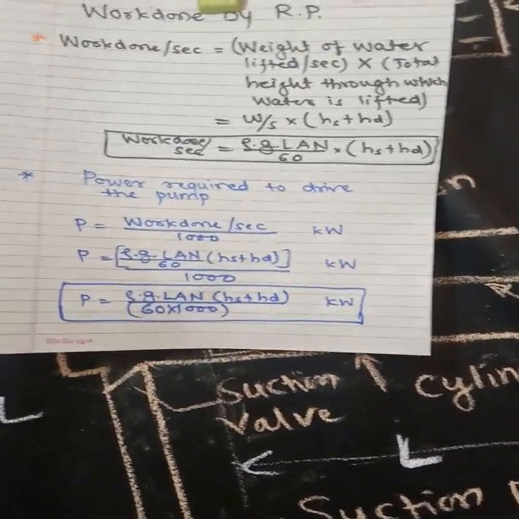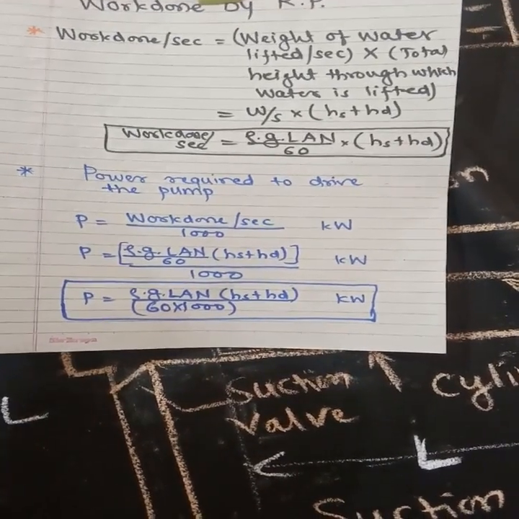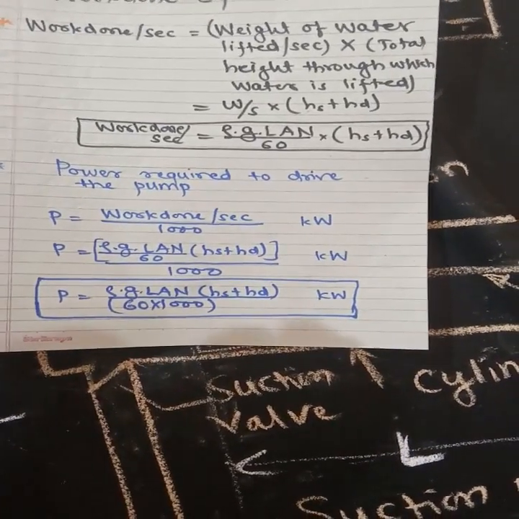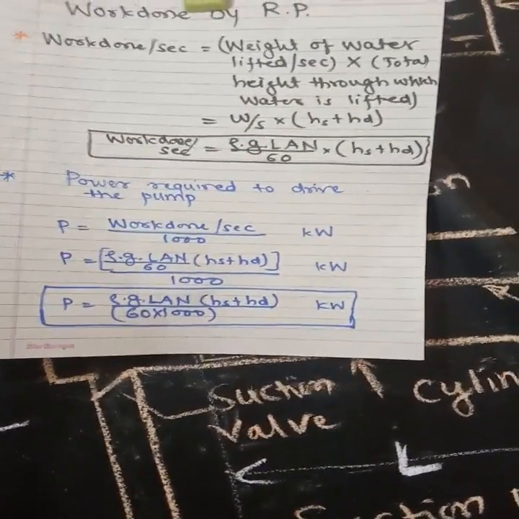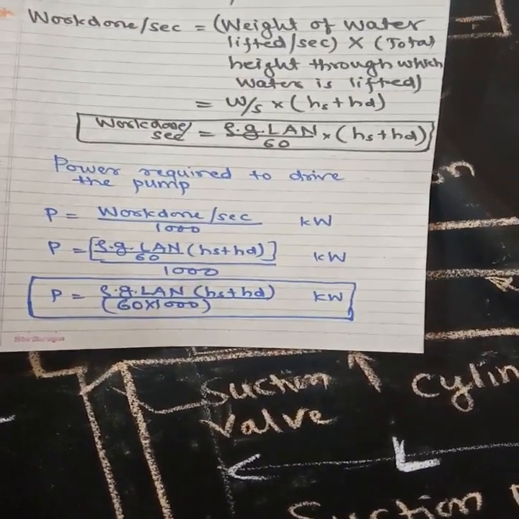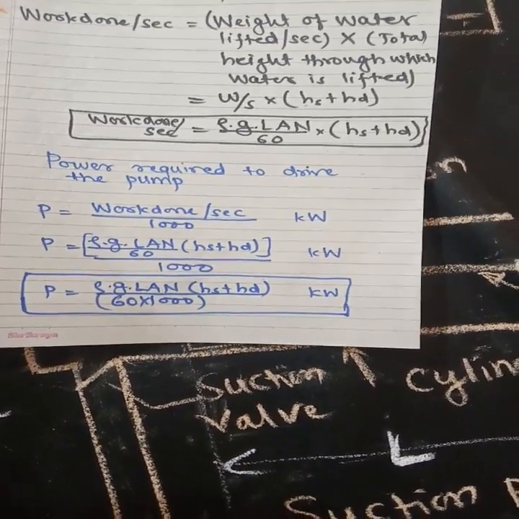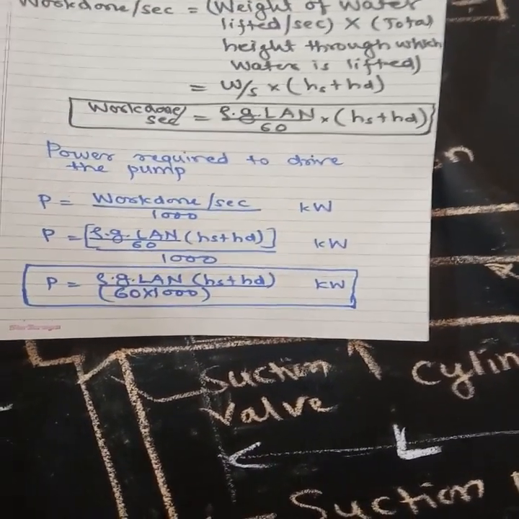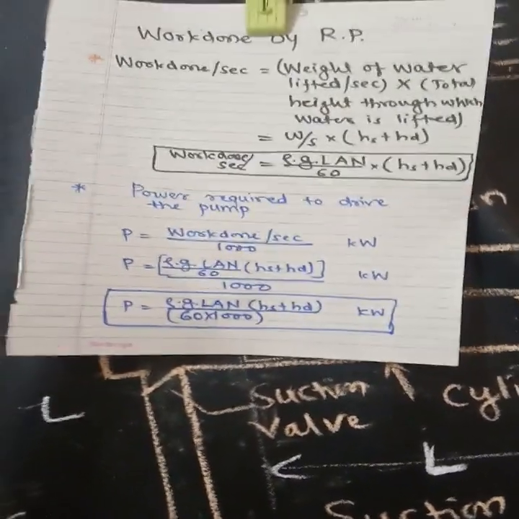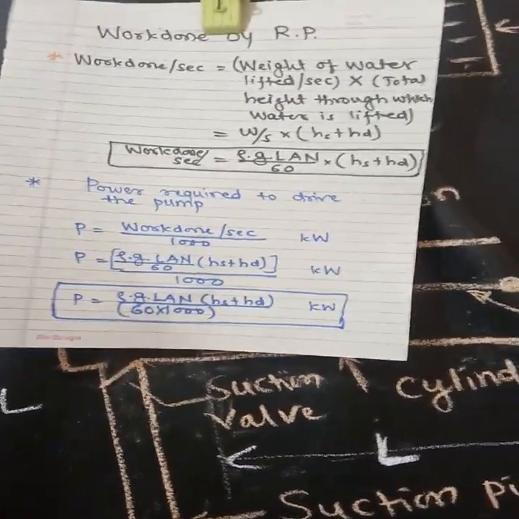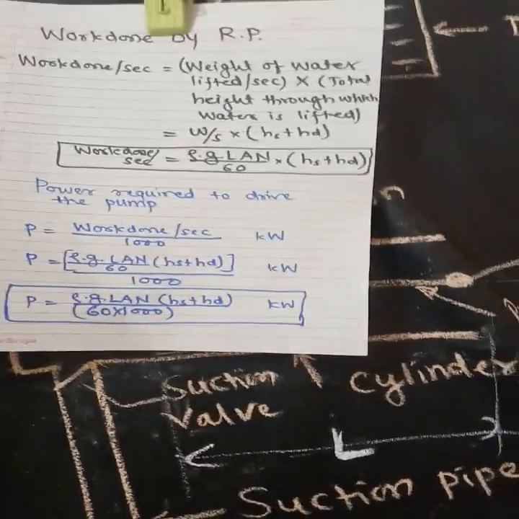In this way we have seen the work done per second, that is rho g L A N by 60 into Hs plus Hd in bracket, and the power required to drive the pump, rho g L A N in bracket Hs plus Hd divided by 60,000 in kilowatt. So we have covered the work done and the power required.